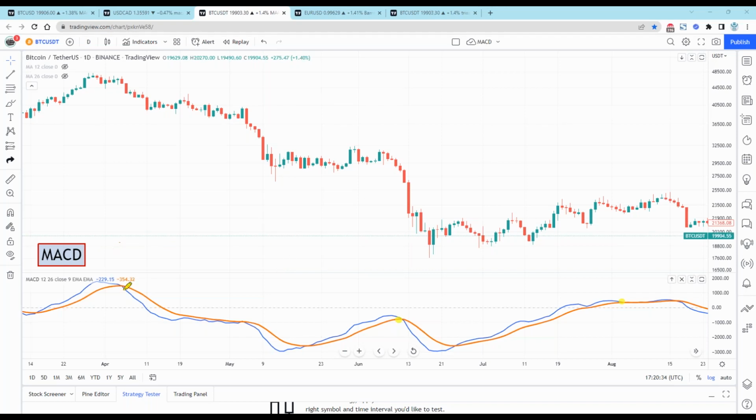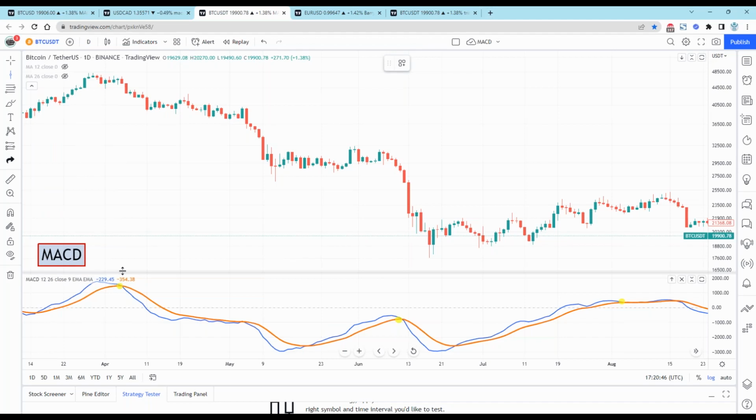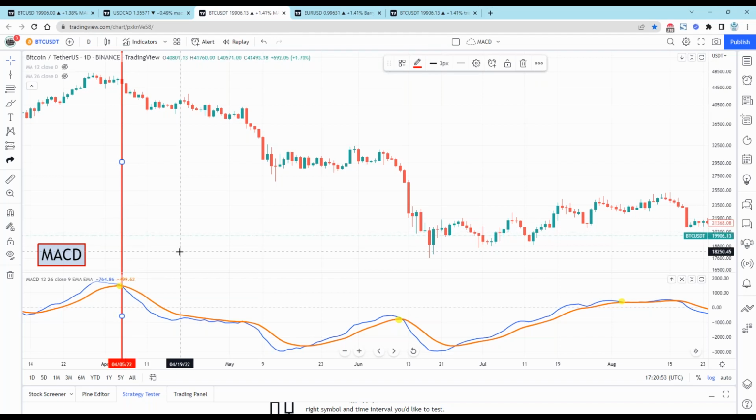So in other words, when you get the crossover here, it's telling you that there is a sell opportunity.